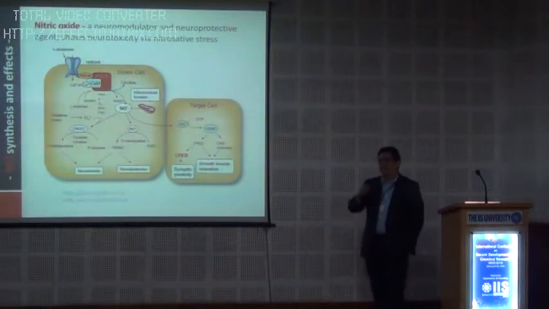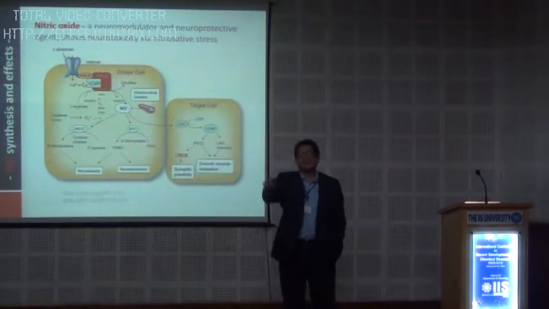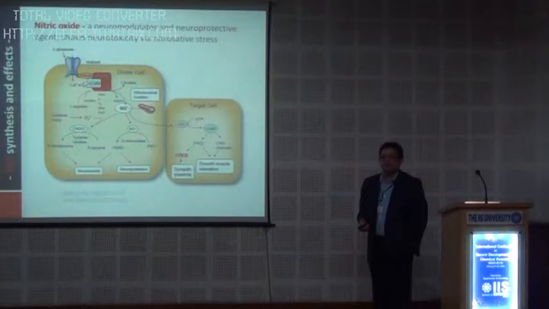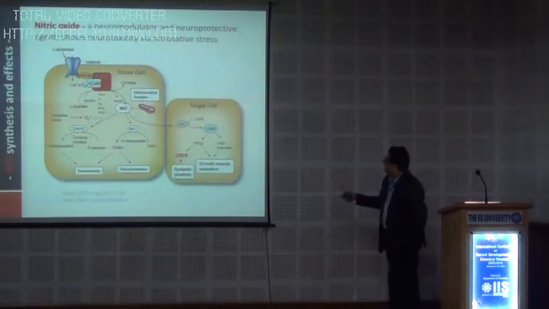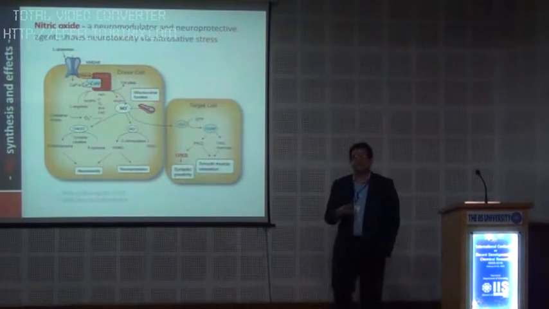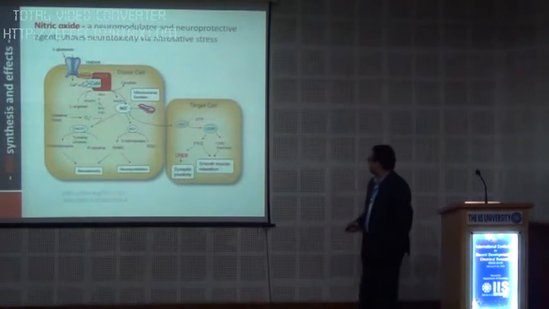And once this gas, which is diffusible in nature, goes to other cell types, it can activate a second messenger, soluble guanylate cyclase, and with the help of quite a number of conversions, it can show synaptic plasticity, which is related to neuroregeneration, how to better your memory and things like that.